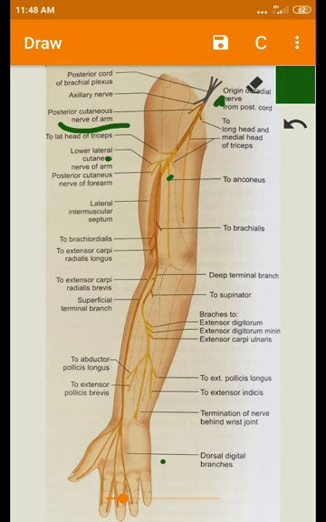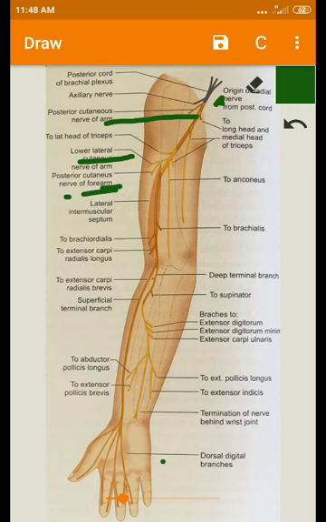Okay, and also it is giving another branch called the posterior cutaneous nerve of forearm. And it is also giving some muscular branches. So these three are the cutaneous branches in the arm. What are the cutaneous branches? One is the posterior cutaneous nerve of arm. Next one is the lower lateral cutaneous nerve of arm, and by the side of it, it is giving the posterior cutaneous nerve of forearm.